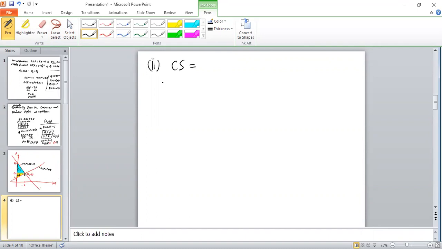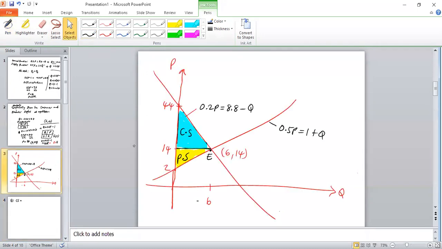Consumer surplus, like I've said, is the area bounded by that. So that's a right-angled triangle. What's the height from here to there?